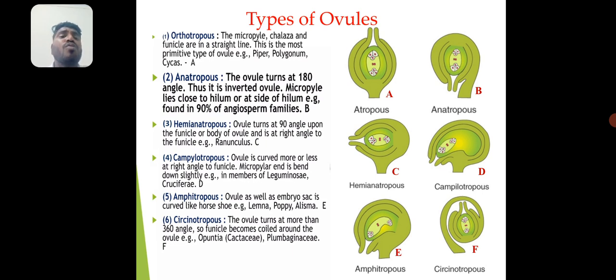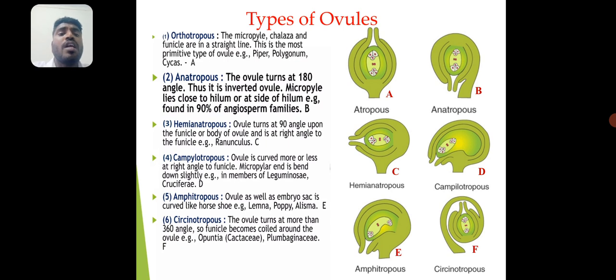The anatropous ovule is turned at a 180 degree angle. It is found in most angiospermic plants, in 90% of families. The third one is the hemianatropous ovule. The ovule body is turned at 90 degrees to the funiculus, at a right angle to the funiculus. Example: Ranunculus.